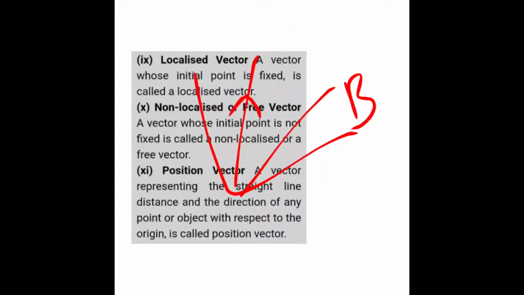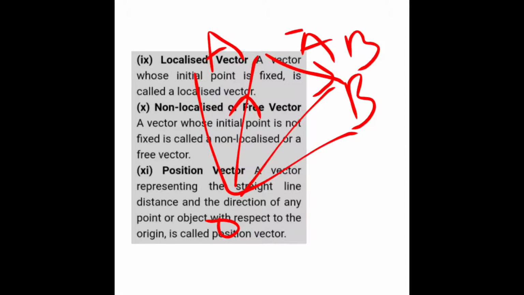So once we get the position vectors, like this is O and this is A, that means OA and OB are the position vectors. The shortest distance between A and B, this vector AB, is called the displacement vector. So in order to find the displacement vector, we first need to find the position vectors.